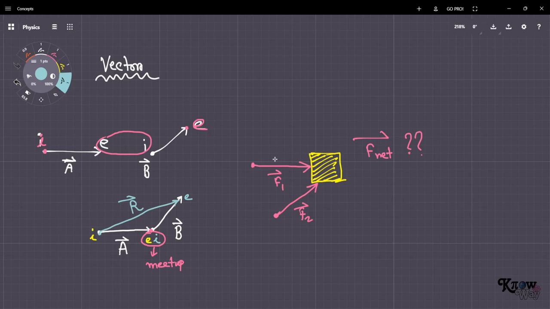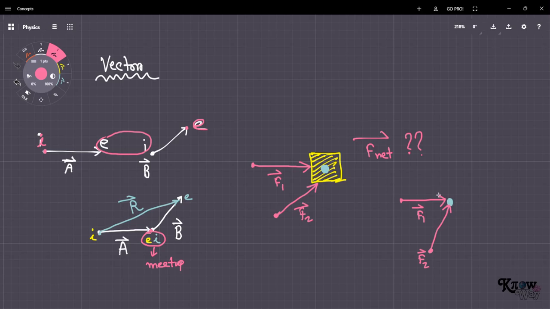I told you the magnificent thing about vectors is that they can be shifted anywhere. So if we think of this box as a singular point, we can say that from this point, the F1 force is acting right over here, and the F2 force is acting right over there.